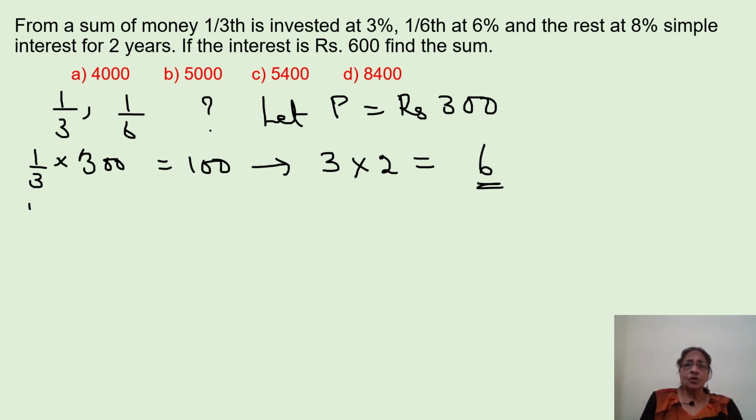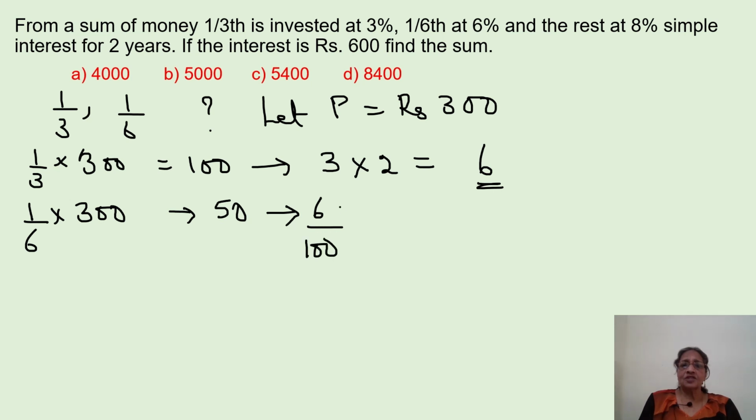The next is 1/6 of 300, that is 50 rupees. This is invested at 6%. So we'll need to calculate 6% of 50, and this is invested for another 2 years. So this would also be 6 rupees.